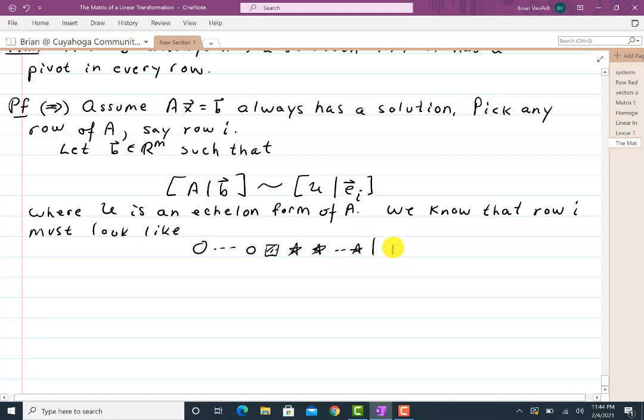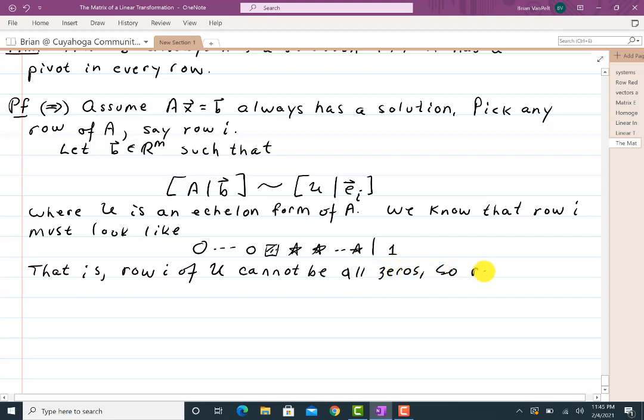But at the end of that row, after the vertical line, you'll have a 1. In other words, I can't have all zeros in that row. That is, row I of U cannot be all zeros.